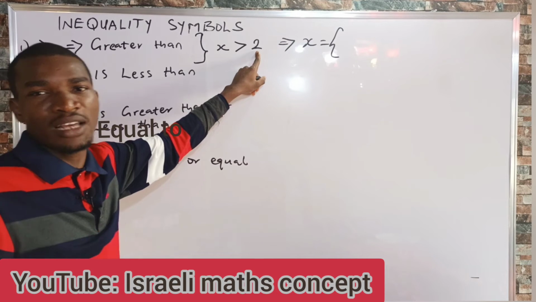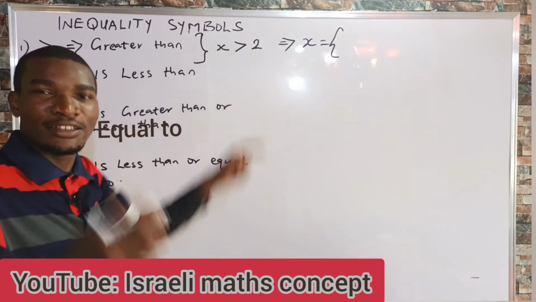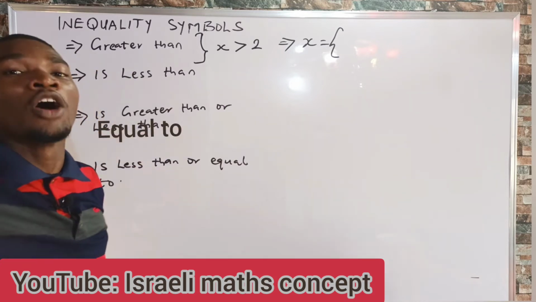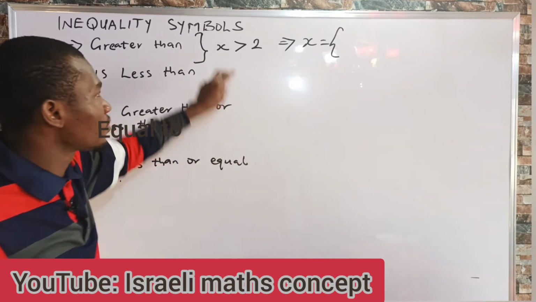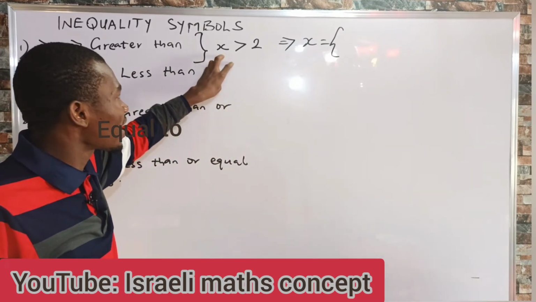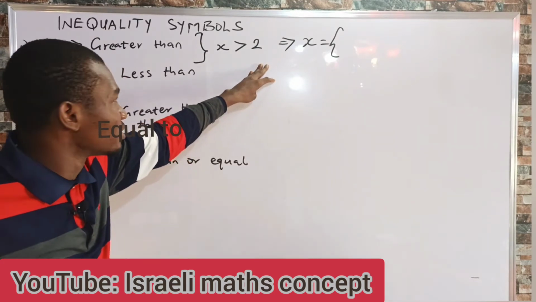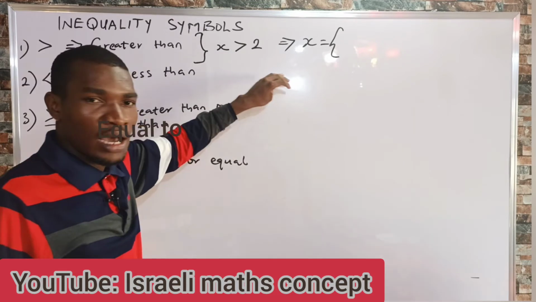And if we are considering natural numbers, you remember what a natural number is? It's just the natural counting numbers from 1, 2, 3, 4, 5, 6, 7 up to infinity. So assuming you are given a problem of this form, that x is greater than 2, and you are asked to find the values of the variable x, how do you find it?